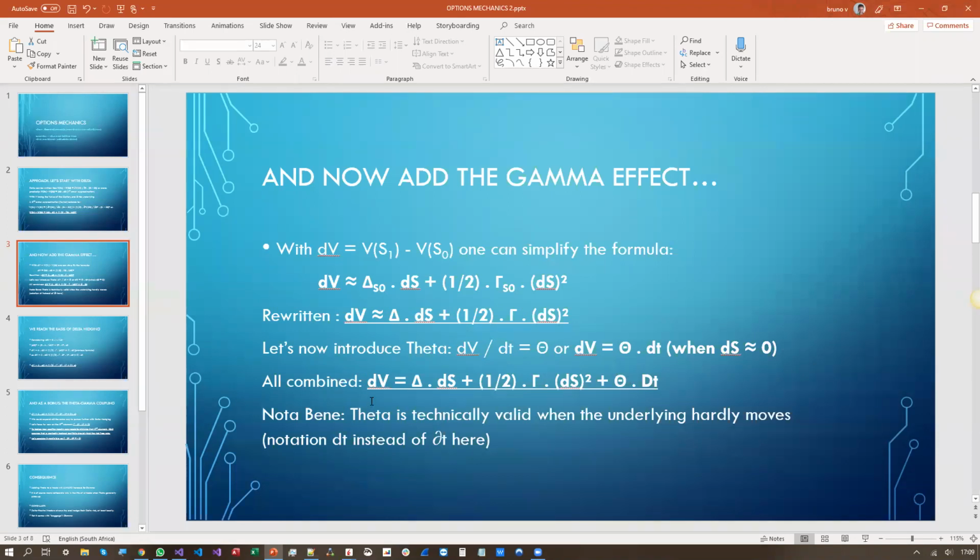To be mathematically correct, changing the round d to a straight d, I don't know how you say that in English, is only valid if the underlying doesn't move much. Otherwise, we should keep it as a partial derivative. So let's assume that, because we're looking at local hedging, trying to see how your delta and gamma behave for a small variation in the price of the underlying.